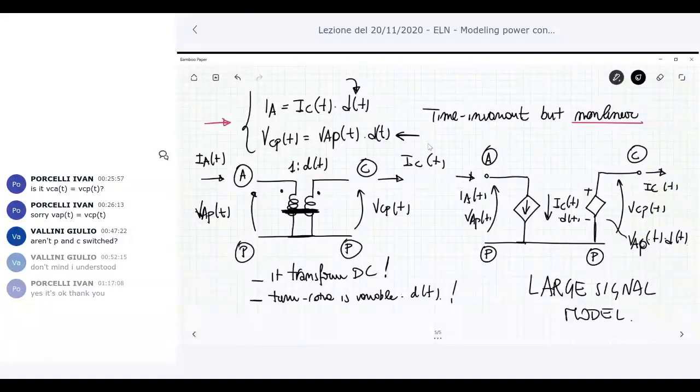Okay, so this means that you can have hours of simulation just for a few milliseconds of behavior. If you replace your switch network with this large signal model, then you have a time invariant circuit. So there is no problem with the steep variation of voltage because you have averaged it over TS. That means that you can gain several orders of magnitude in simulation time, down by 2 or 3 orders.